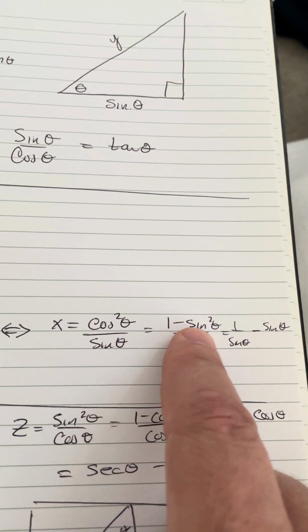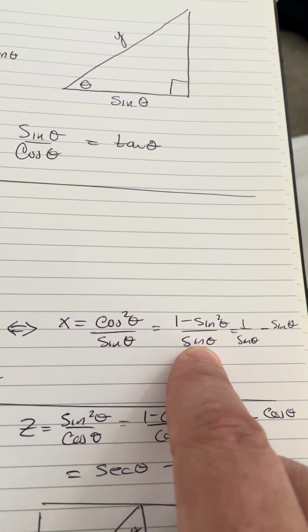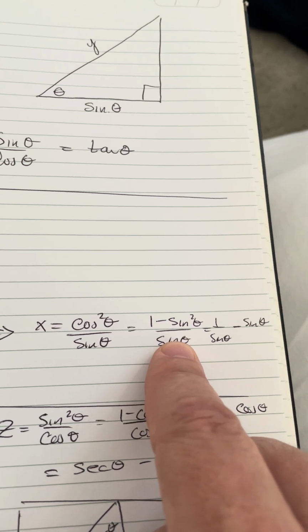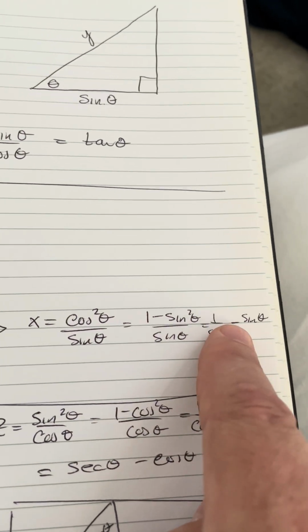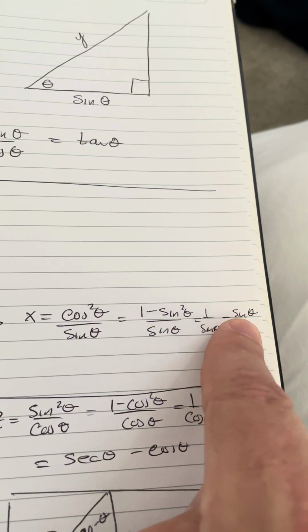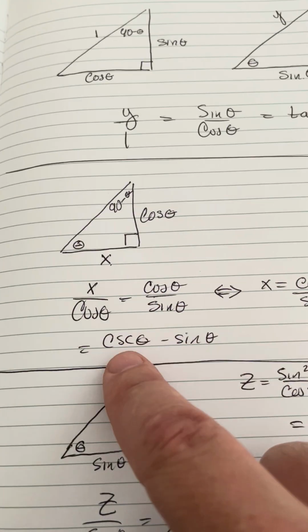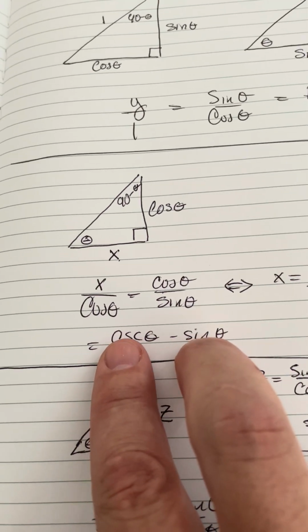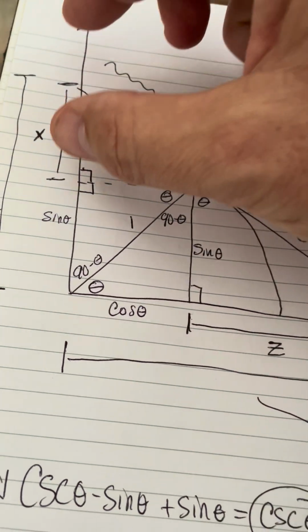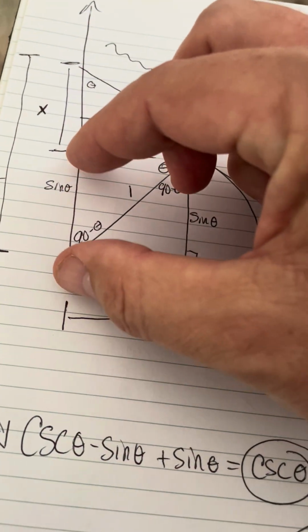That's going to be 1 minus sine squared over sine. Cosine squared is 1 minus sine squared. That's a common denominator, so it's going to be 1 over sine, and then the sine squared over sine will reduce. Well, 1 over sine is cosecant. But that piece is actually the length of x. To get this whole side, I've got to add this piece with this piece.